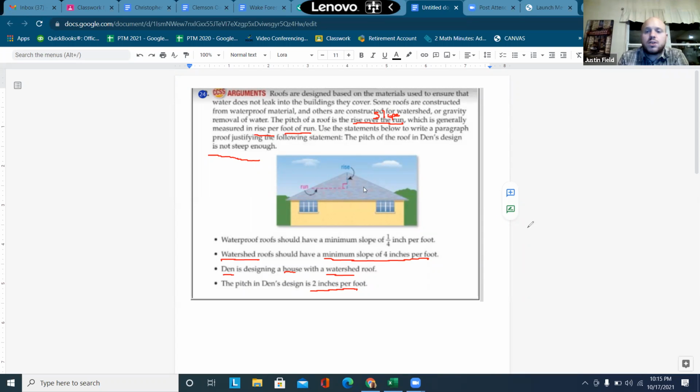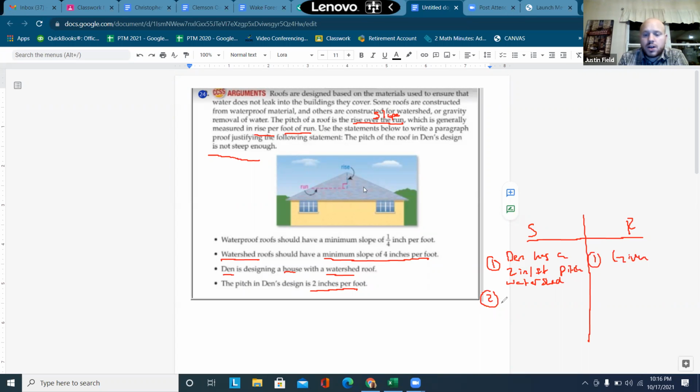So let me show you how this would look with the statements and reasons. Given: Dan has a 2 inch per foot pitch, watershed. The reason is that it was given.